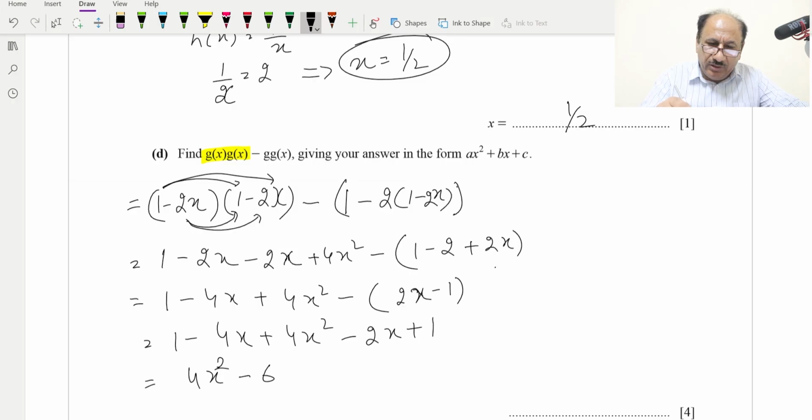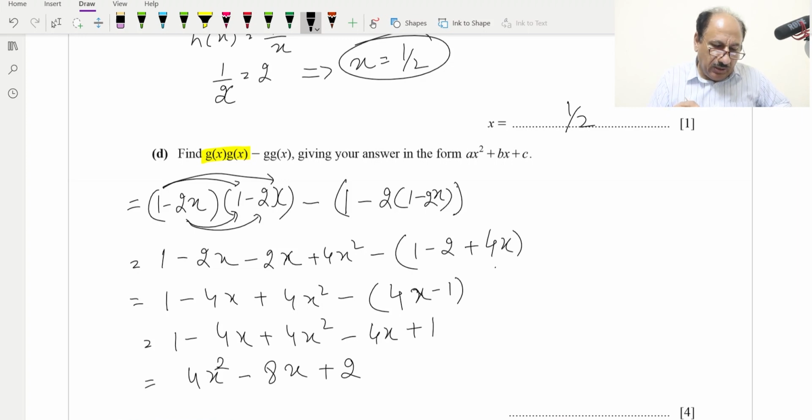We missed 2 over here, so this will be basically 4x. So we can rectify it as 4x, and then when you simplify, this will be 4x, and this will be also 4x. Now we can write it as minus 8x, and this will be plus 2.